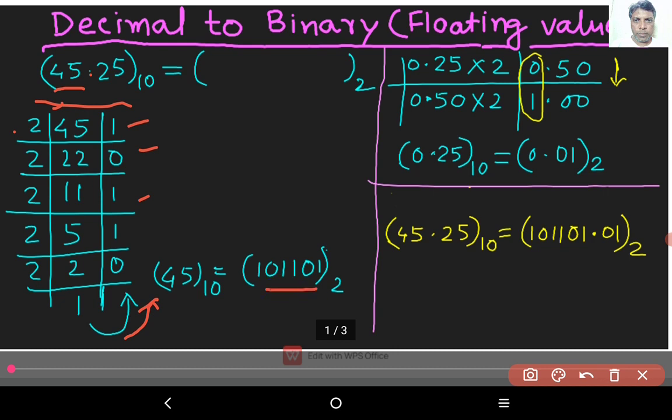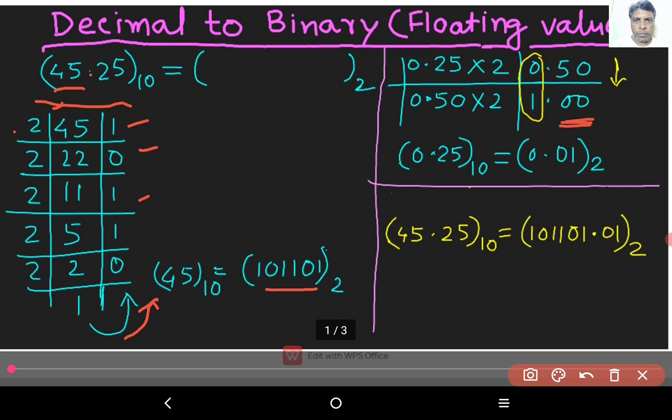But the point value is just the opposite. It is multiplied by 2, and we multiply until the decimal part becomes 0.